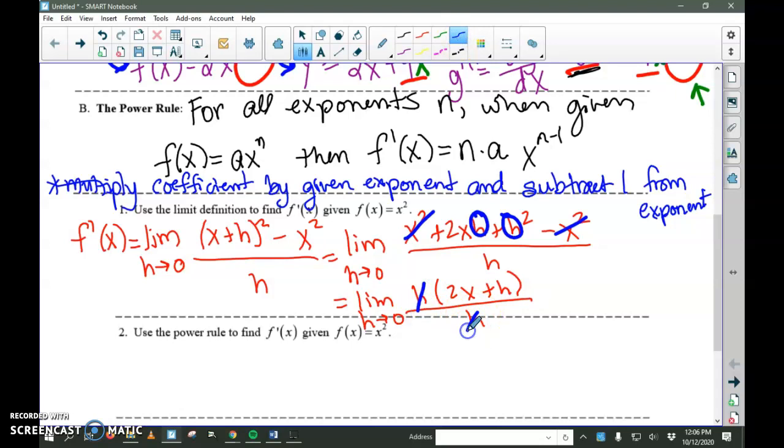These h's divide out. I'm applying the limit just to this function, and when I apply the limit, I'm substituting 0 in for h, and I get 2x. I find that f prime of x is 2x. If I start with x squared, then the generic formula to find the slope of the tangent line at any x value would be 2x.